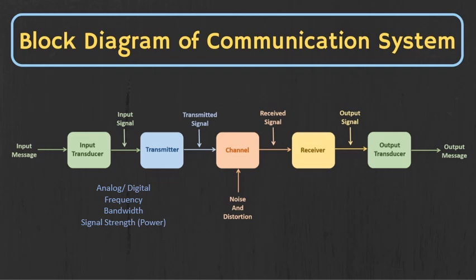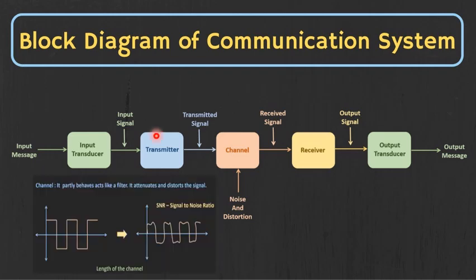These are some of the aspects which are very important for the transmitted signal, and one needs to consider these aspects while designing the communication link. So the signal after this transmitter is known as the transmitted signal.